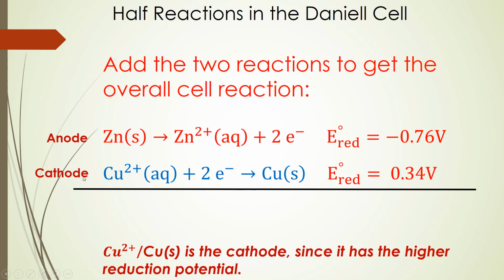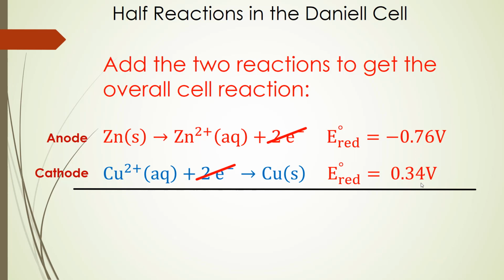Now for the cathode, we're going to have copper 2 plus ions in solution. They're going to gain 2 electrons, and copper metal is going to be deposited on that electrode. And again, using the table of standard potentials, we see that the reduction potential for this reaction is 0.34 volts. Now let's get the overall reaction, because we're going to need this later on for the Nernst equation.